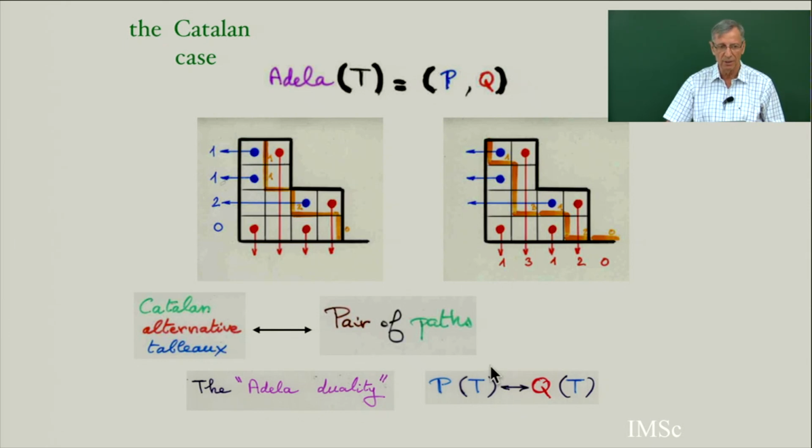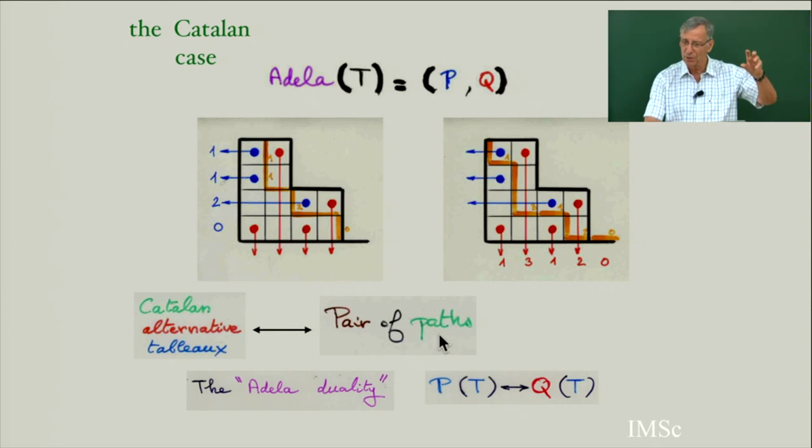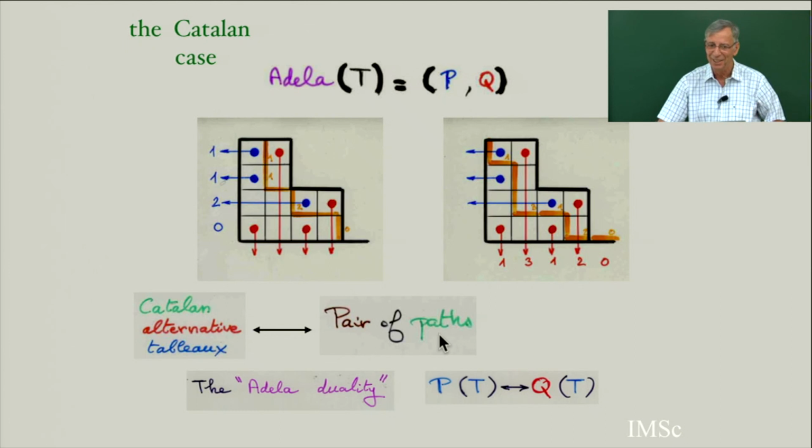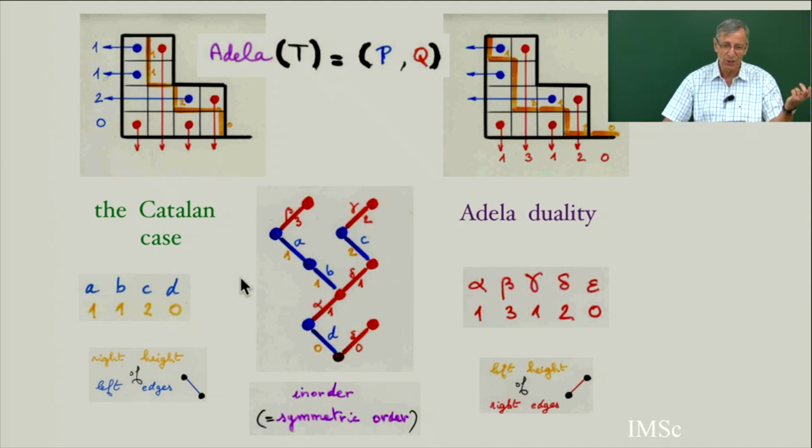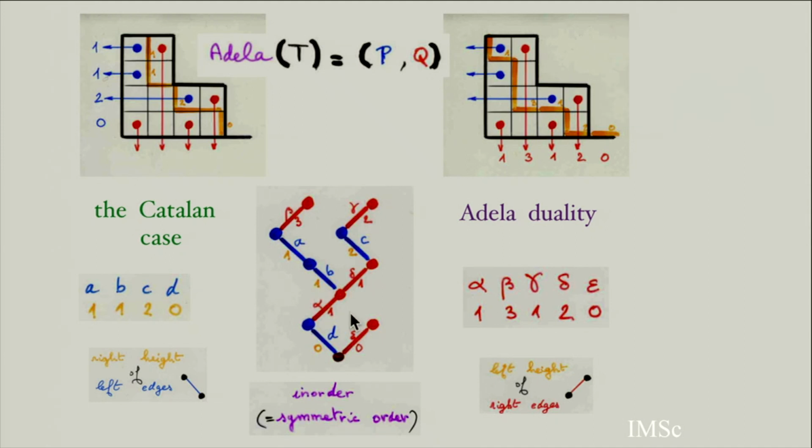And what is this duality? If you followed the lecture on Tamari lattice, this was a duality, from a paper with Louis-François Préville-Ratelle. If you want to compute it, this vector P gives you a Catalan alternative tableau, which gives you a binary tree by the bijection, with the blue edges, the blue numbers, etc. Now, for this binary tree, you take a mirror image, which means changing the left edges to right edges.